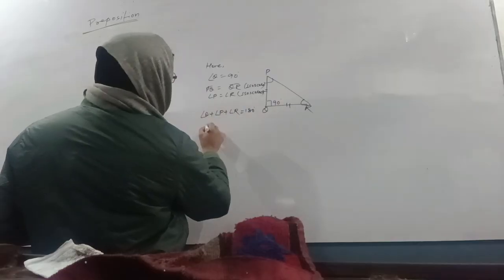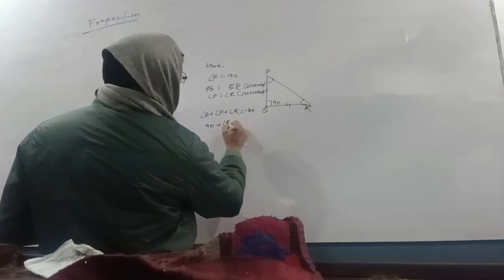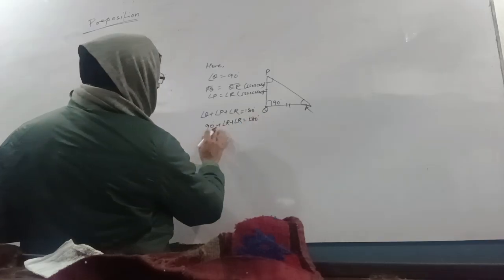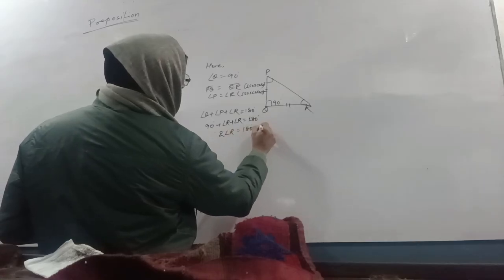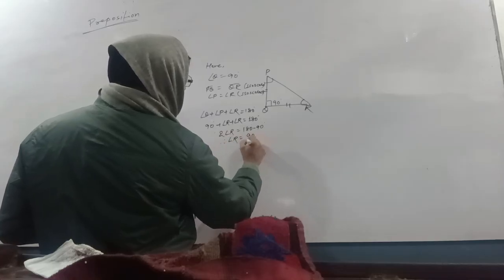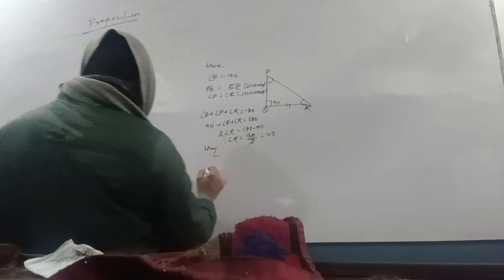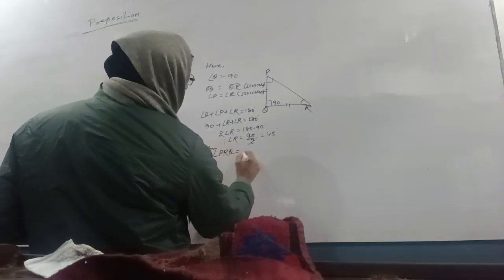Angle P is equal to angle R. So angle Q is equal to 90 degree, and we can write angle P as angle R. So twice angle R equal to 180 minus 90 degree. Therefore, angle R is equal to 90 by 2, I mean 45 degree. Hence, angle PRQ is equal to 45 degree.